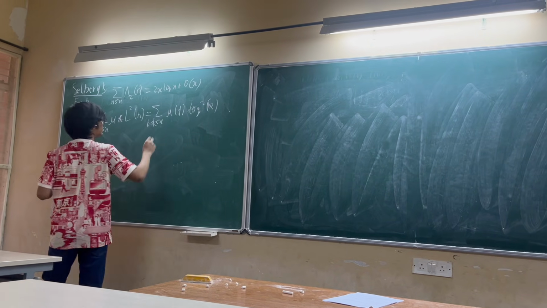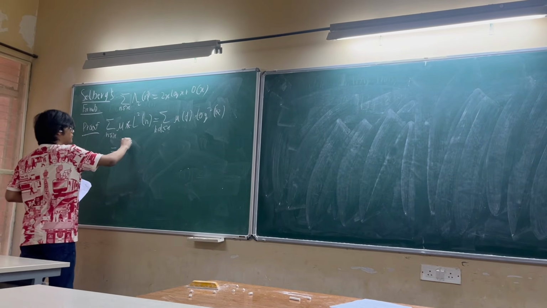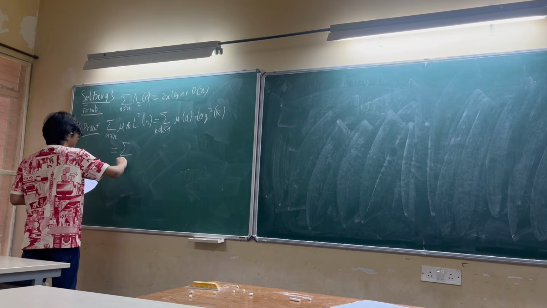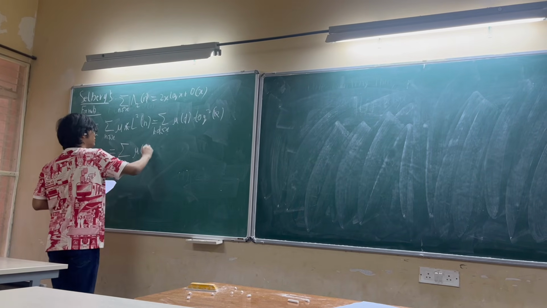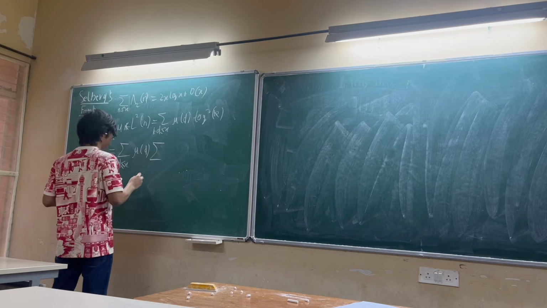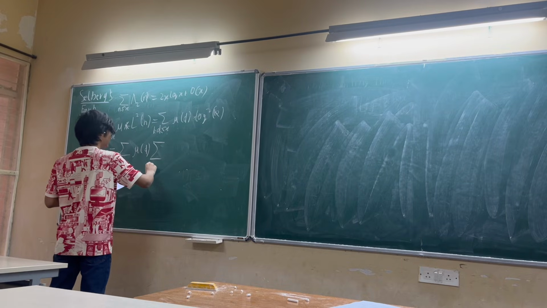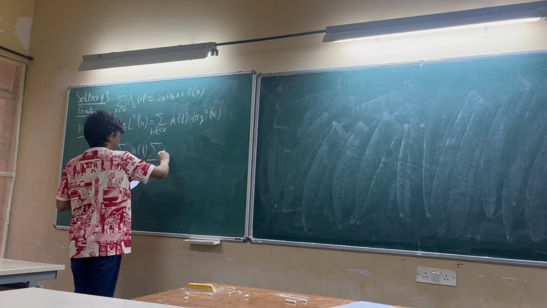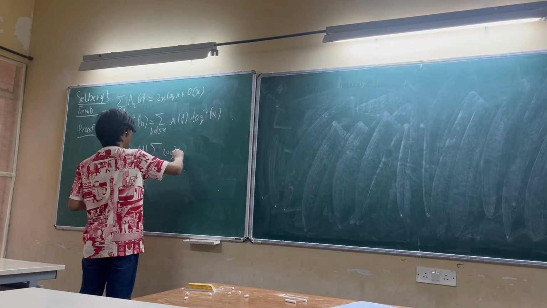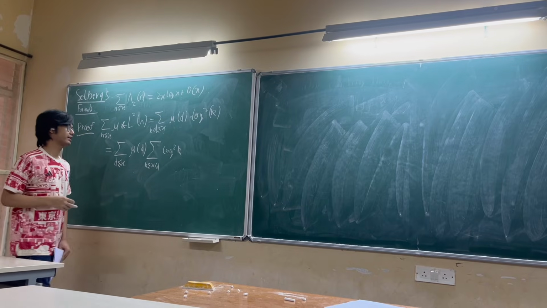Now we can simply take this summation and make it a composition of summations, so to speak. We sum d less than or equal to x, mu d multiplied by summation, so this is like the inside term, k less than or equal to x by d, log squared k. Now this is where the formula that we give for the order of log squared k comes into place.